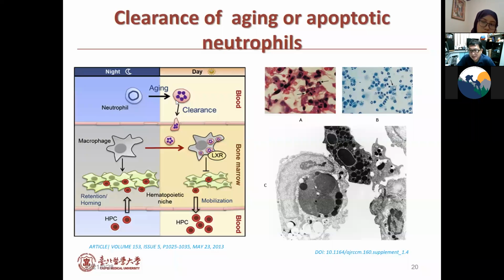So what happens? Neutrophils have an average half-life of about 24 hours. After that, they undergo apoptosis and need to be cleaned up, in the bone marrow. So they travel back to the bone marrow, and over there macrophages find them and eat them at night.